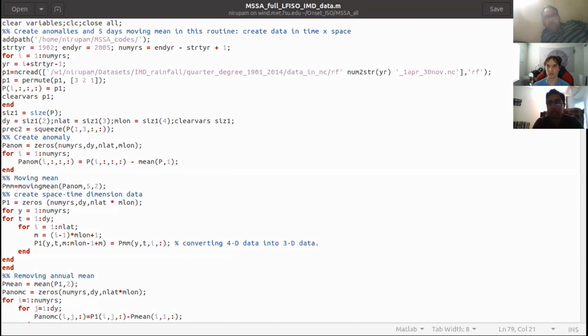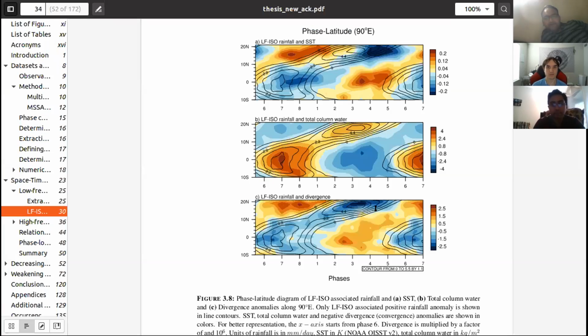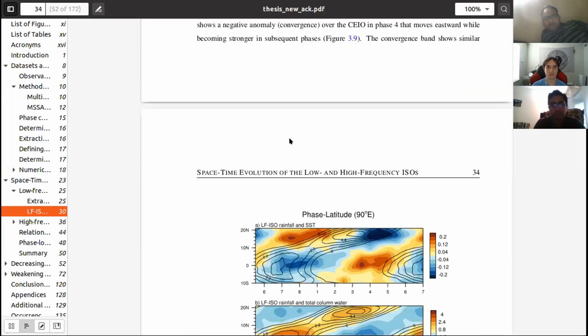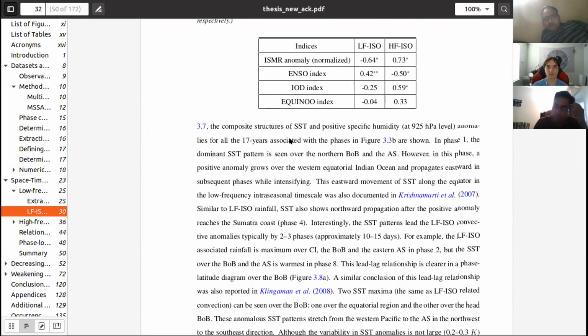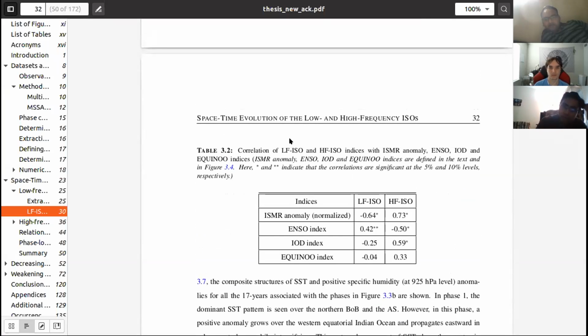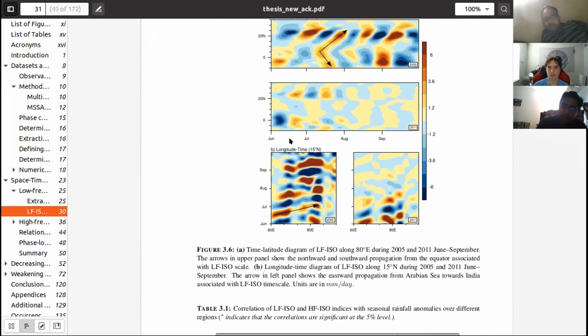So now can you go to the paper? Yeah. Okay. So in this case, we are using data from 1st April to 30th of November, correct? For which one? This one is the data.